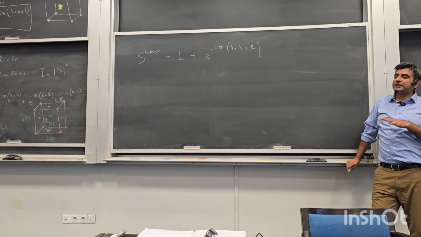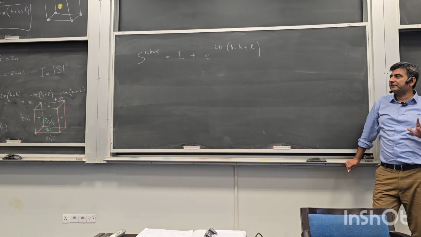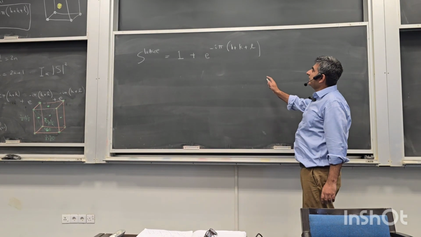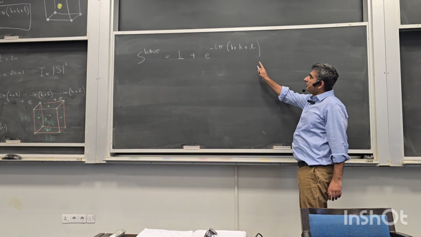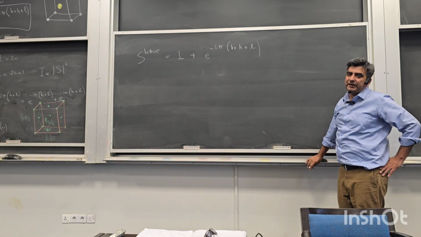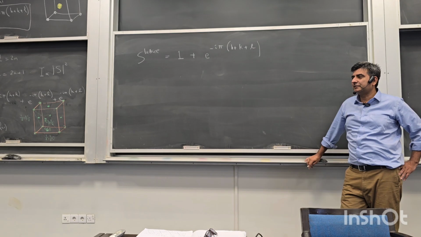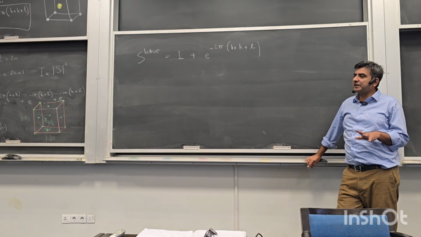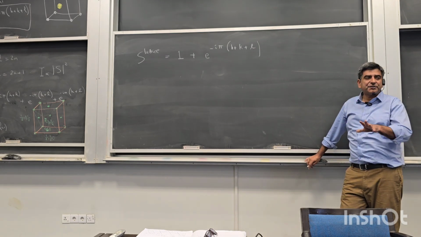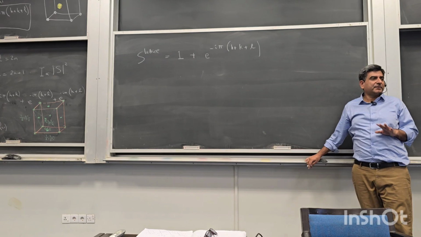Its reciprocal lattice is face centered, but the lattice itself is body centered. Now this thing is only non-zero when H plus K plus L is even. Otherwise it's 0. So for a body centered lattice, the structure factor vanishes unless H plus K plus L is even.